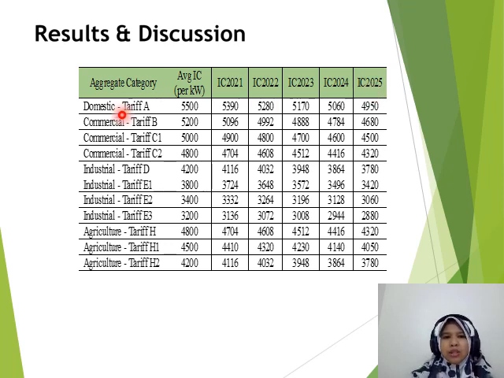Take a look at the customer of domestic tariff A. The installation cost from year to year keeps on decreasing slowly. So the future cost for installing solar PV is decreasing year to year, but the demand keeps getting higher.